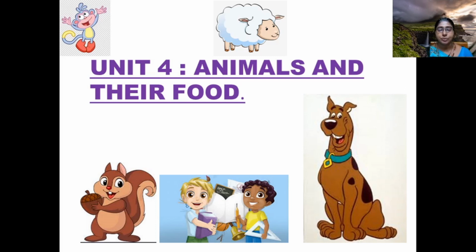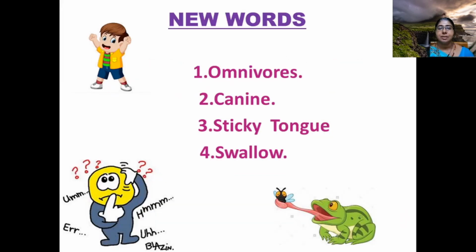Now let us move to the new words of this lesson. First one is omnivores, feeding on a variety of both plants and animals. Second one is canine. It is a kind of teeth. It is a long pointed tooth you can see in carnivores.